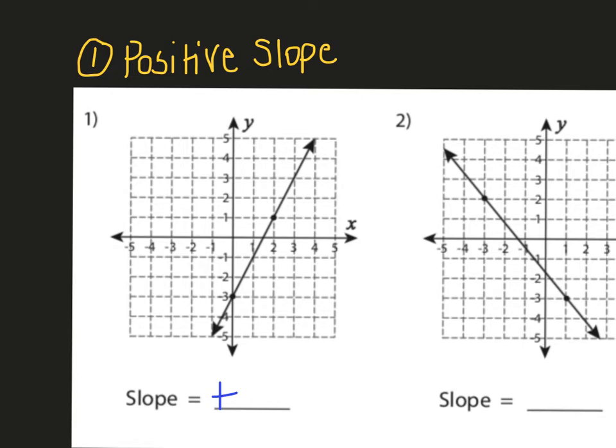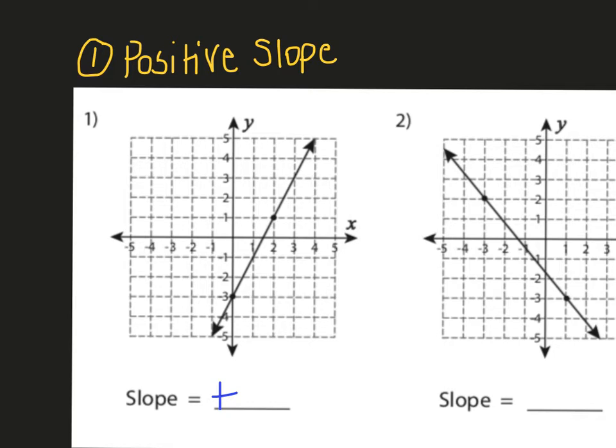Okay, so for number one, the first thing I do when I'm looking at finding slope of a line on a graph is I look to see, is this a positive slope? Because if it's a positive slope, then that means that my number, whatever I find, it might be a fraction, it might not be, but it needs to be positive.